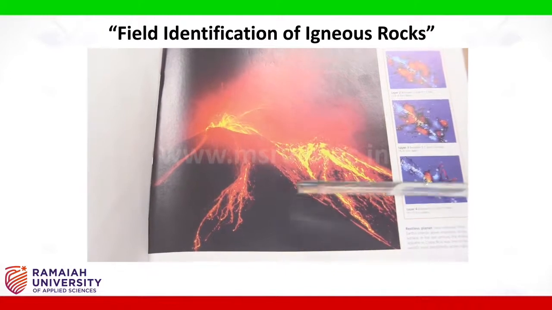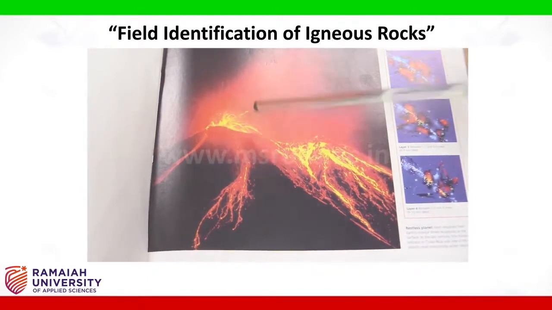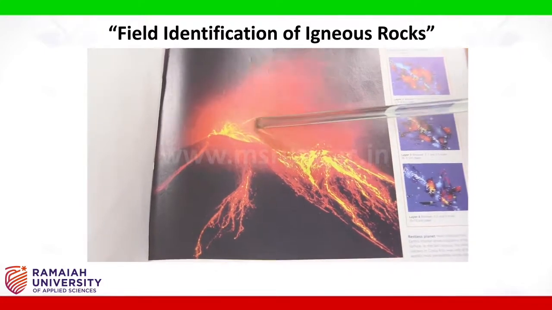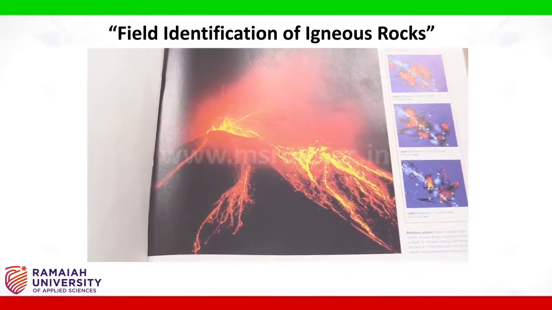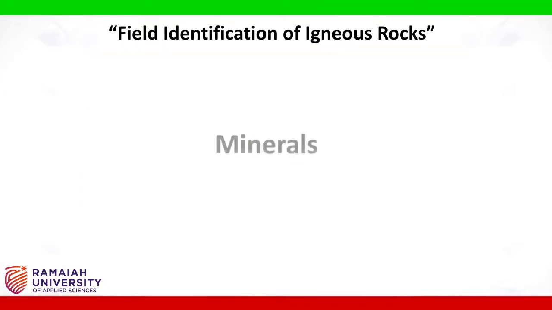The magma, when it comes out to the surface in the form of lava flow, the resultant rock formed by the solidification of the lava is called the extrusive rock. For example, the rock granite is an intrusive rock and the rock basalt is categorized under the extrusive rock.